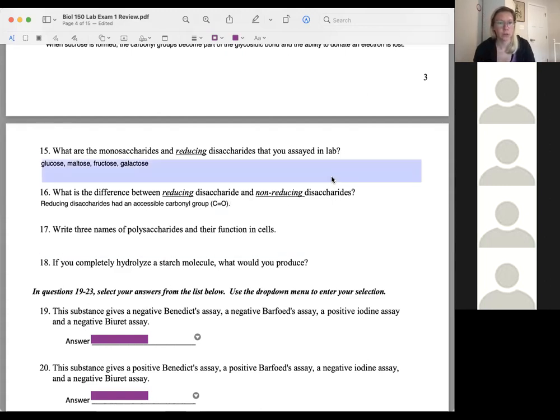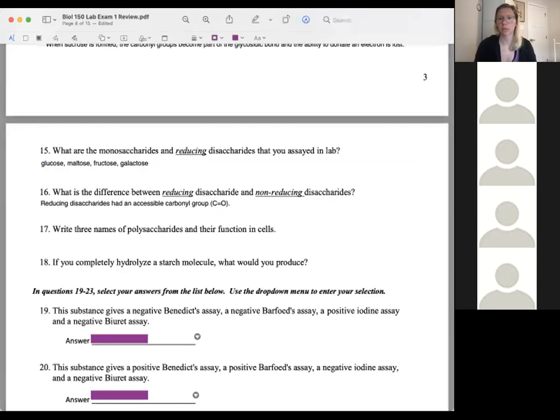What are the reducing disaccharides? Who can answer that question? Oh, we did have lactose in the lab. Someone said lactose, and I said no, I don't think we had it. No, we had lactose. I apologize.